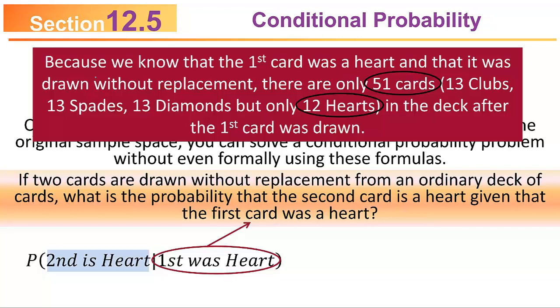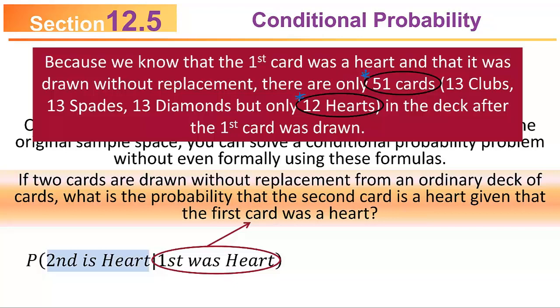If I know the first card was a heart, when I draw again, instead of having 52 cards in the deck, I'll only have 51 cards in the deck. And since the first card was a heart and there are 13 hearts in the deck, after I draw a heart out, I only have 12 left.